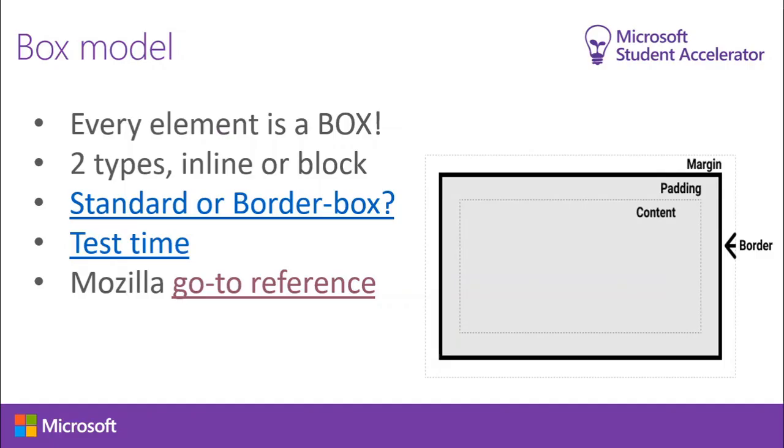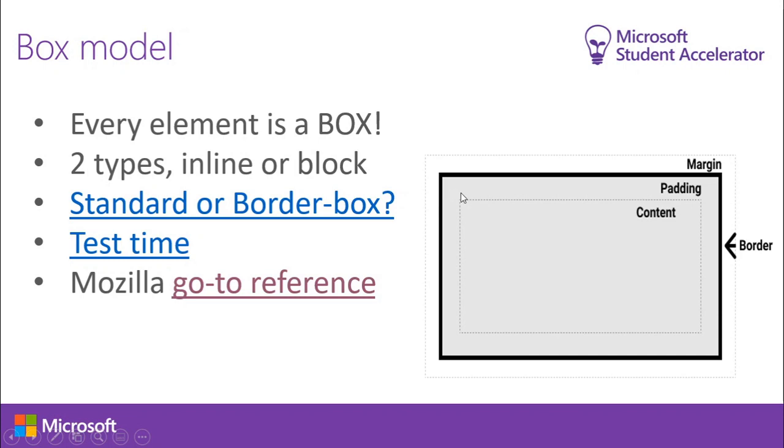So going back to our box model, as the picture illustrates, I'm going from the inside to the outside. We have the content, then the padding, then the border, then the margin.